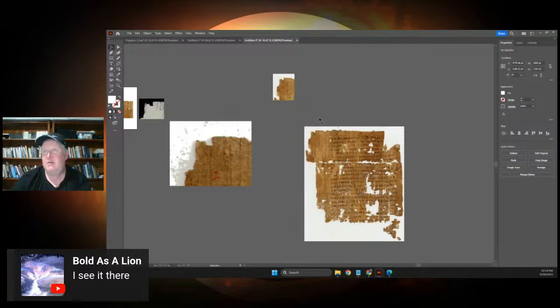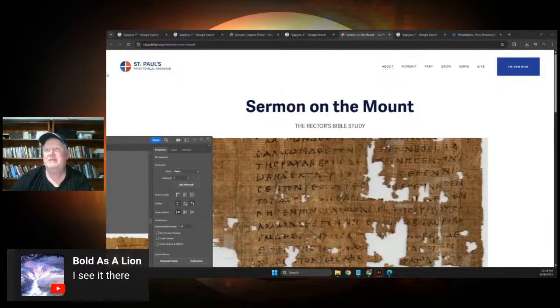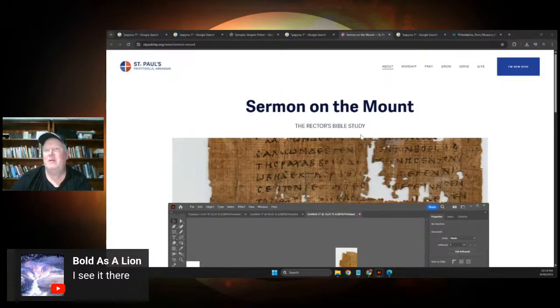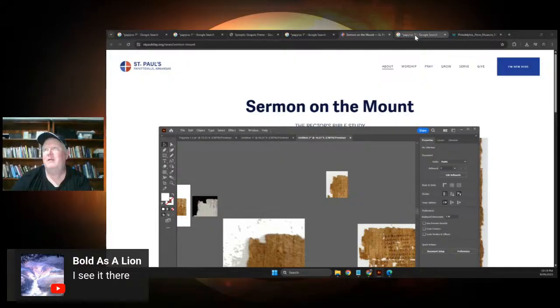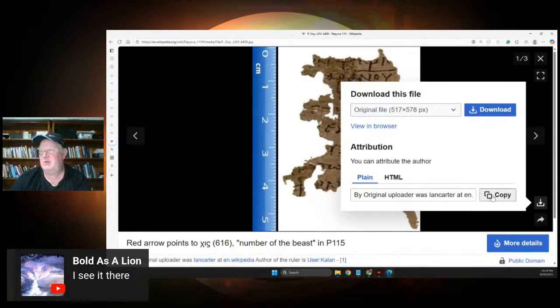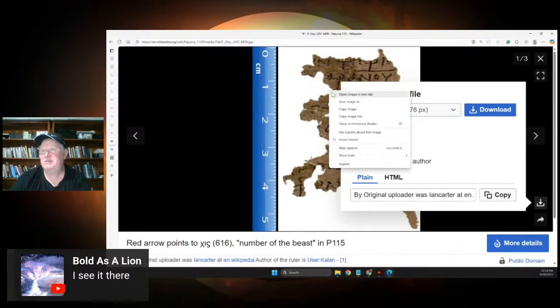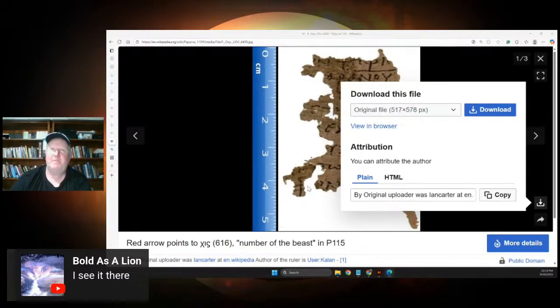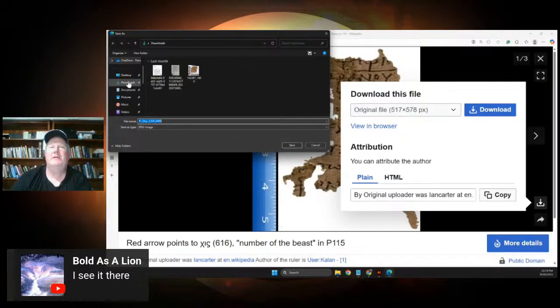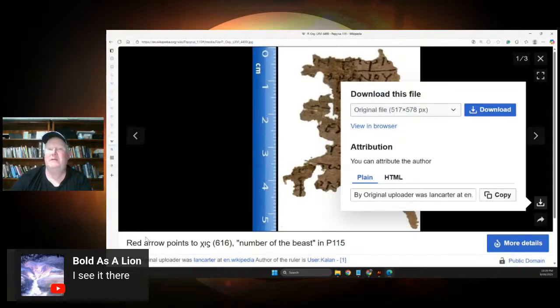Oops, it's not liking my copy and paste at the moment. Yeah, because I've done it from Edge. Maybe I should save image as, desktop, save.